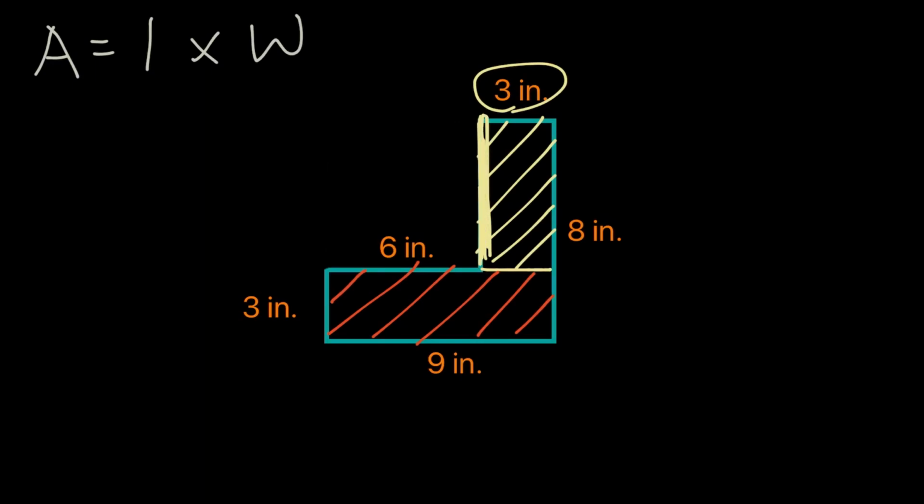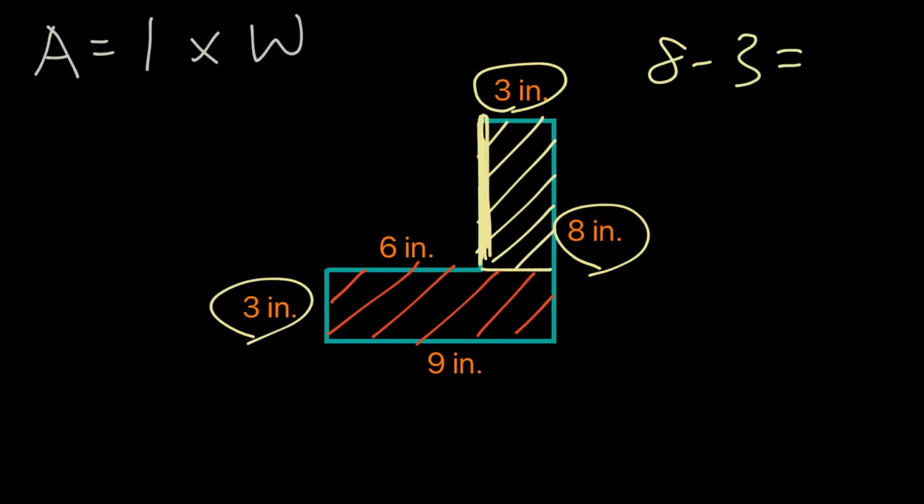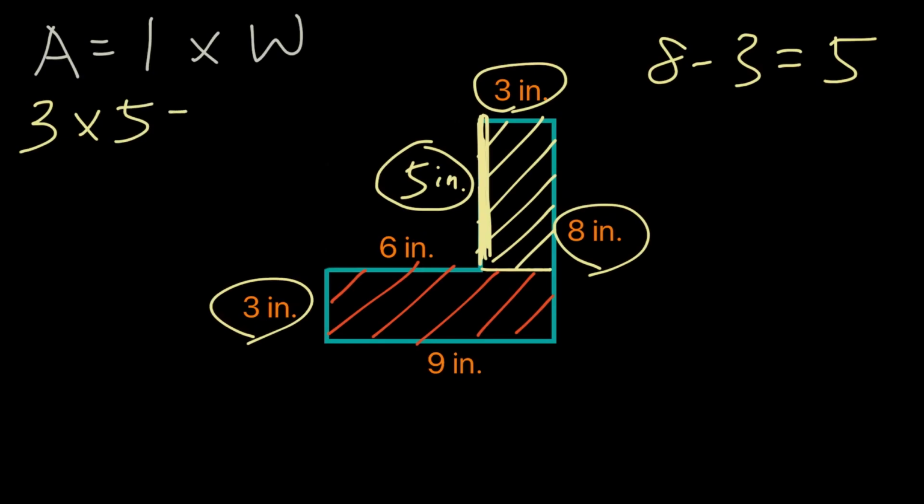Now we know that the length here is 8 and the width here is 3, so if we take 8 minus 3, we will get 5 inches here. And now we can simply take 3 times 5 to get that area. So we will have 3 times 5 equals 15 inches square.